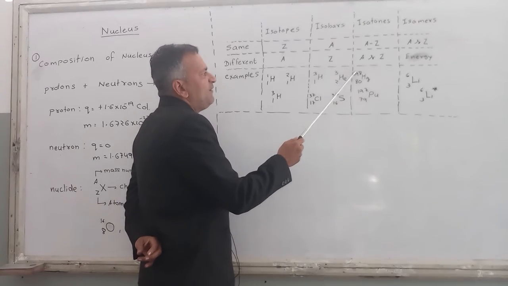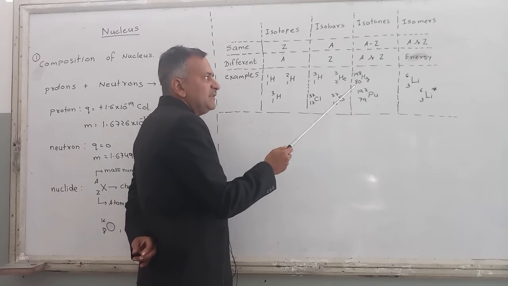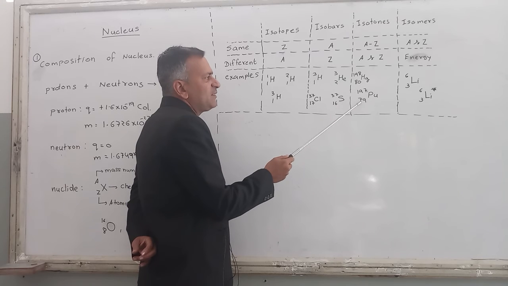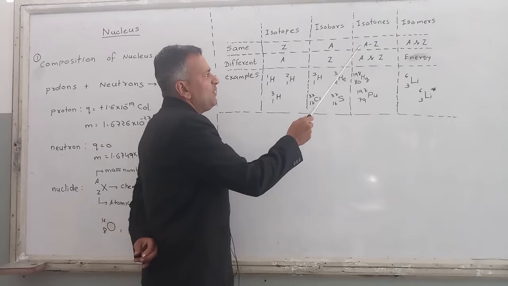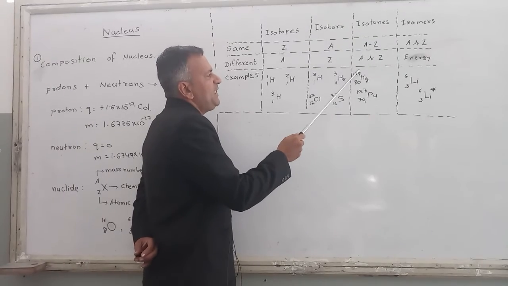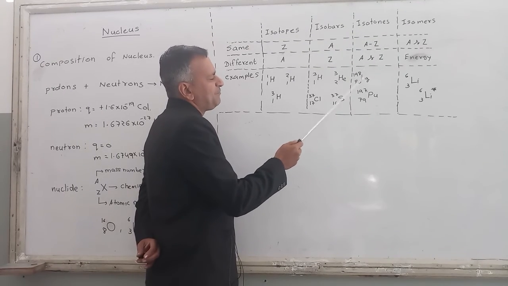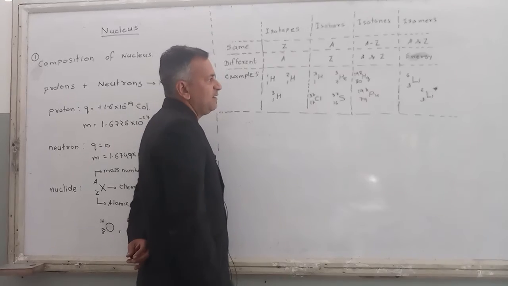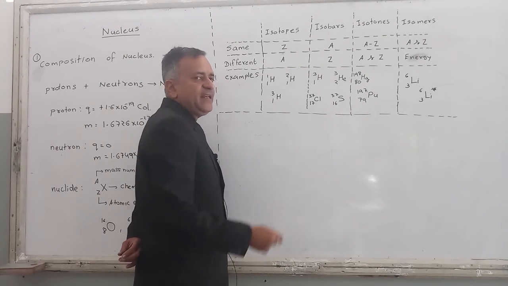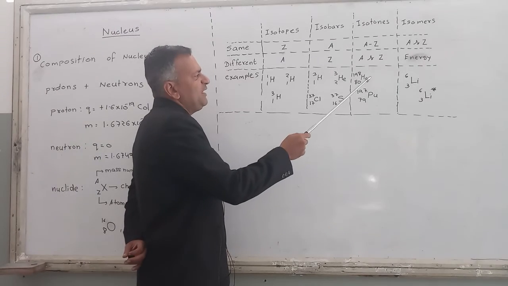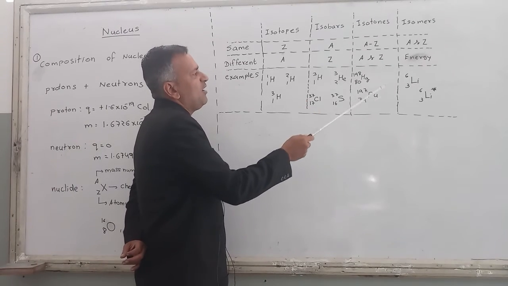Mercury 80, 198. Different atomic numbers, different mass numbers, but when you do A minus Z, 198 minus 80, 118, 197 minus 79, again 118. So these two species are isotones of each other.